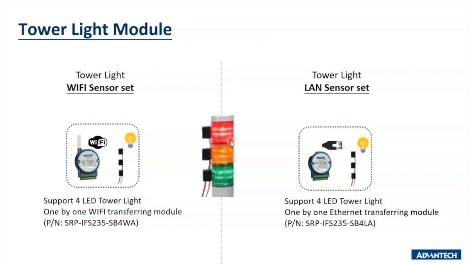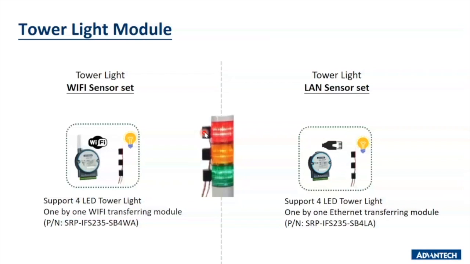So what we have designed is this new sensor. This is a light sensor, which means it detects the signal of the light. You just need to clip it outside the tower light and use maybe a cable tie to fix it, and then there is no wire intrusion to the tower light itself.